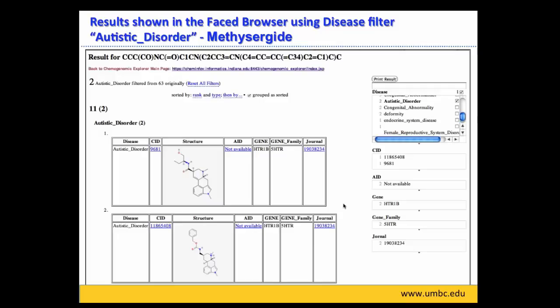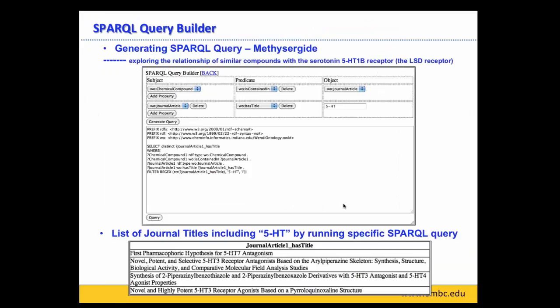And also, like I mentioned, all this application is built on top of the ontology we created. Besides providing the fancy browser to let the user make selections, we also thought about whether we can let the user customize their own queries, because this is based on RDF-OWL, so the query will be a SPARQL query.